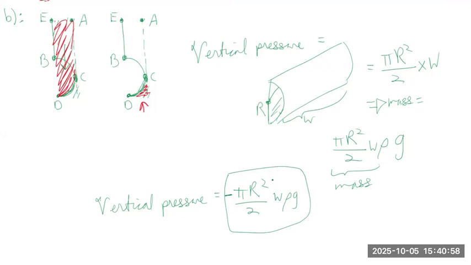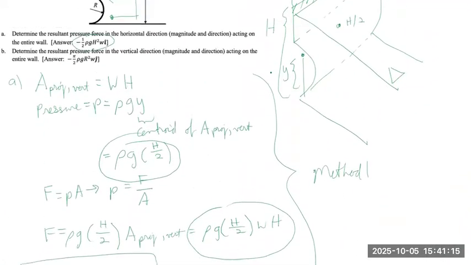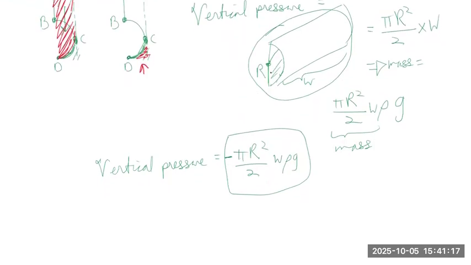Now let's backtrack a little and think to ourselves why we just calculated the weight of this volume of water in order to get the vertical pressure acting on the entire wall surface.